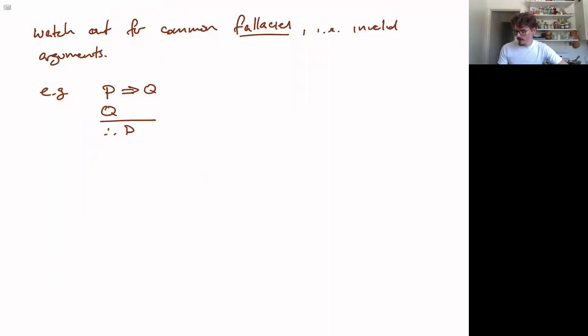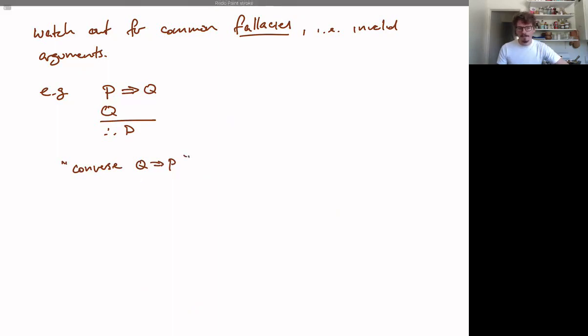Essentially, what you're trying to use here is the converse. As we said before, this is not the same as that. They are different things. They are not equivalent. So this is a fallacy.